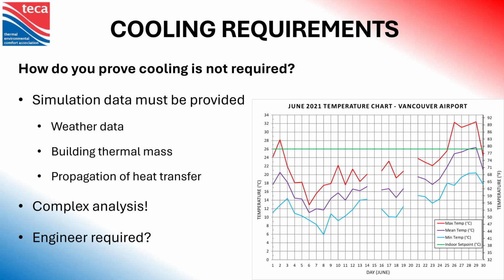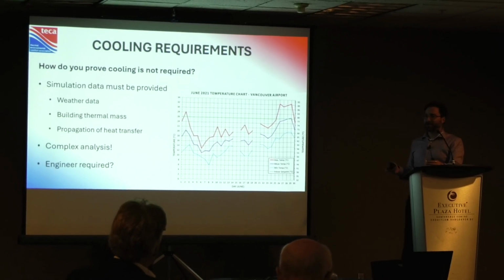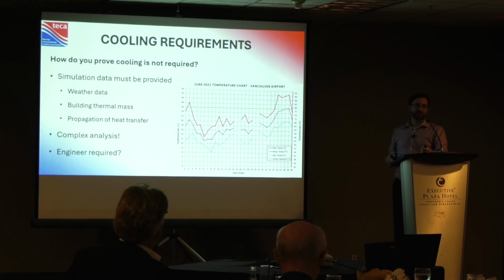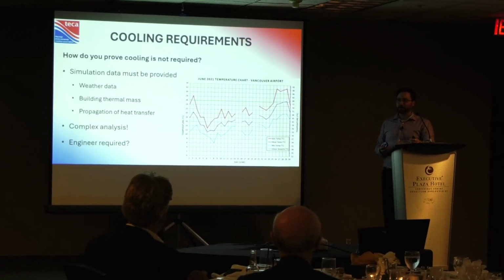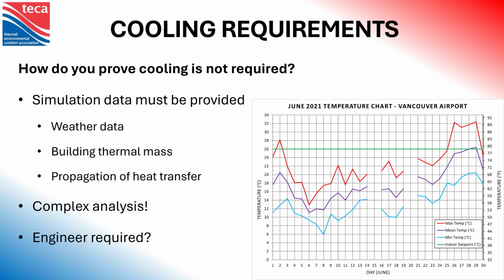And it's really difficult, because I know that some of you designers out there are going to take one look at some of these below grade rooms, and you're going to say, well, there's no way this is ever going to hit 26 degrees C, but you're put in a very difficult position, because how do you prove it? And that's kind of where I'm at right now on this discussion.